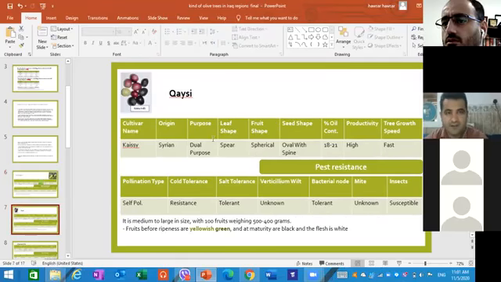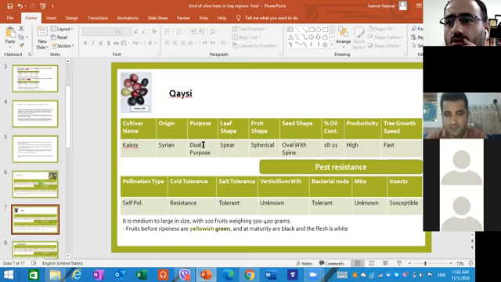Another name for this cultivar is Kasi. Originally it is from Syria. A lot of the olive types in Iraq come from Syria, maybe from Turkey, and maybe just two types are originally from Iraq.